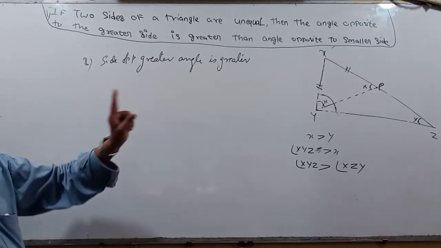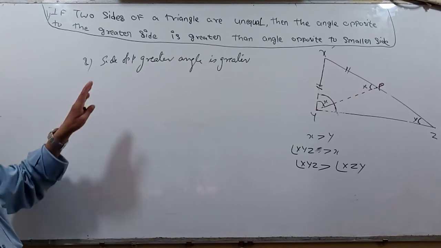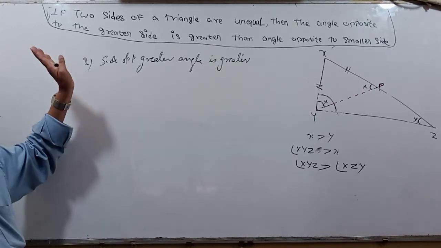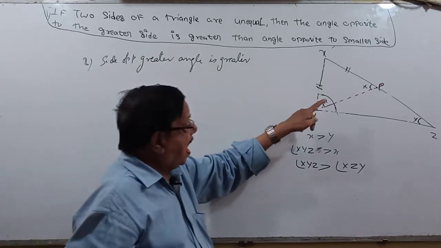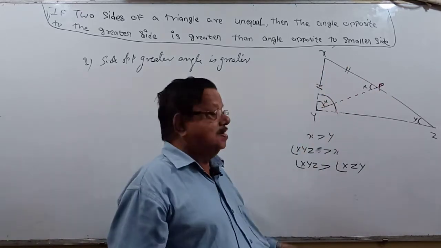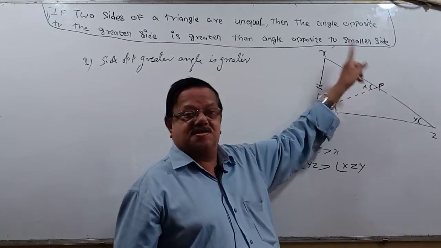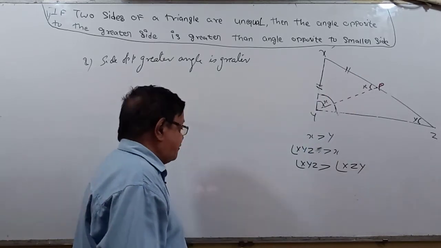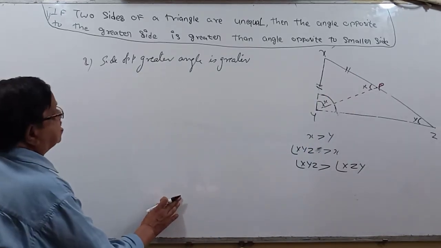Theorem number 2 इसका उल्टा. Side opposite to greater angle is greater. इधर क्या है? Angle opposite to greater side is greater. ये उल्टा. Side opposite to greater angle is greater. इसका उल्टा. Converse.